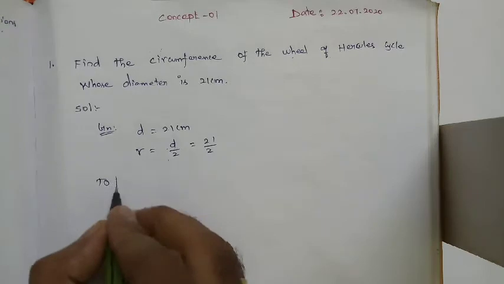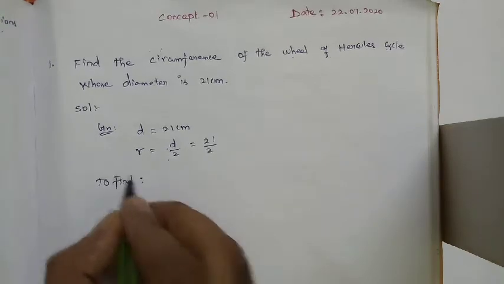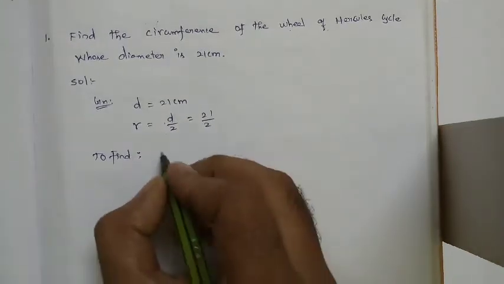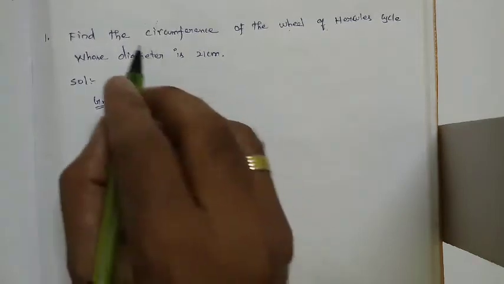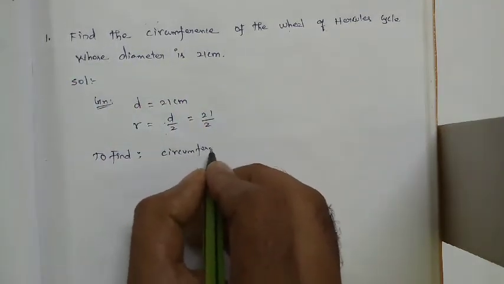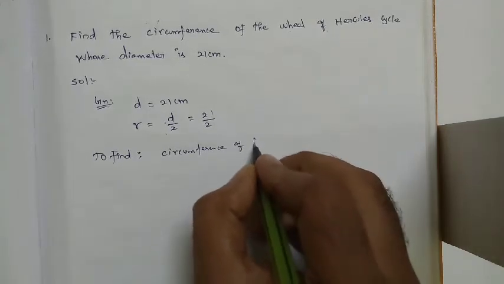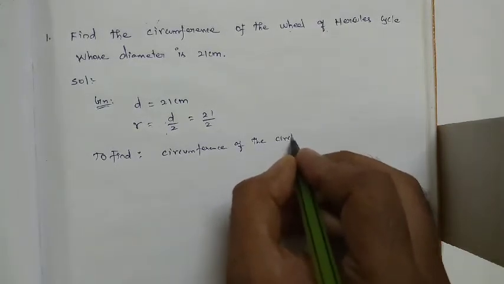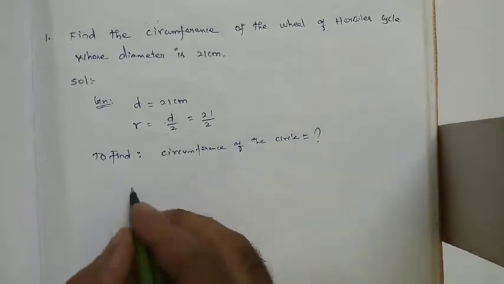To find, we want the circumference of the circle. So what is the formula?